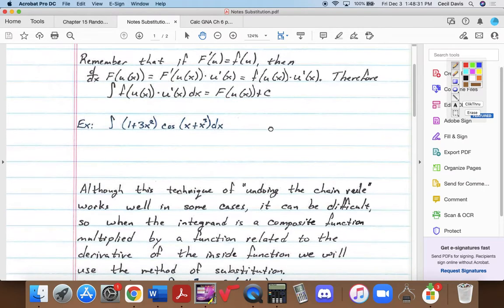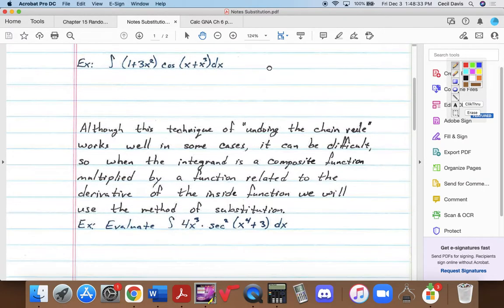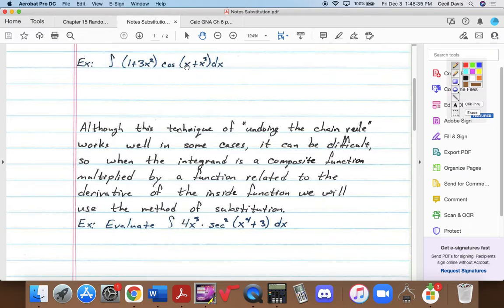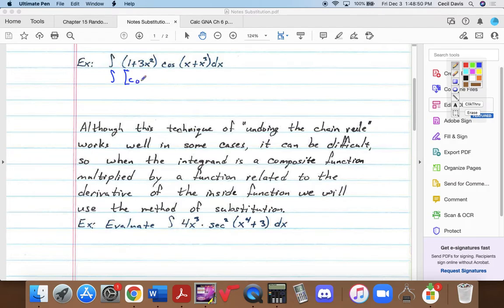So for example, on this problem, the integral of 1 plus 3x squared times cosine of x plus x cubed. If you recognize that, I'll rewrite this as, I'm going to put a big set of square brackets, cosine of x plus x cubed, times 1 plus 3x squared dx.